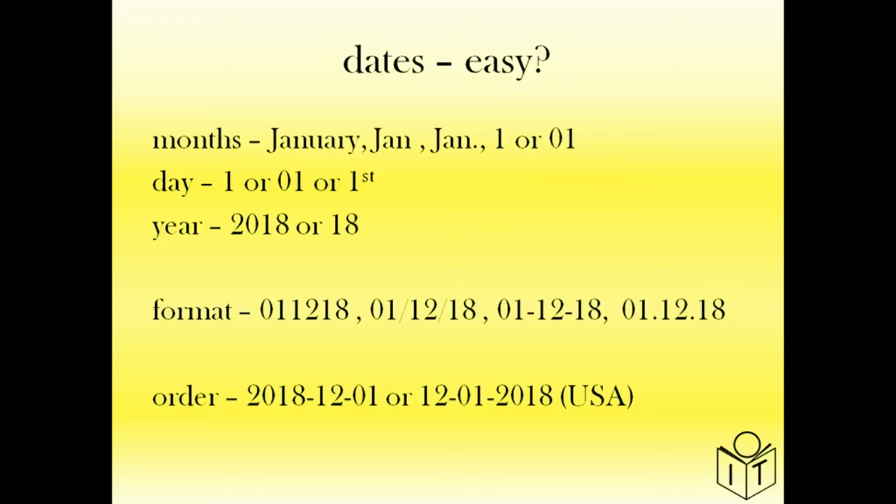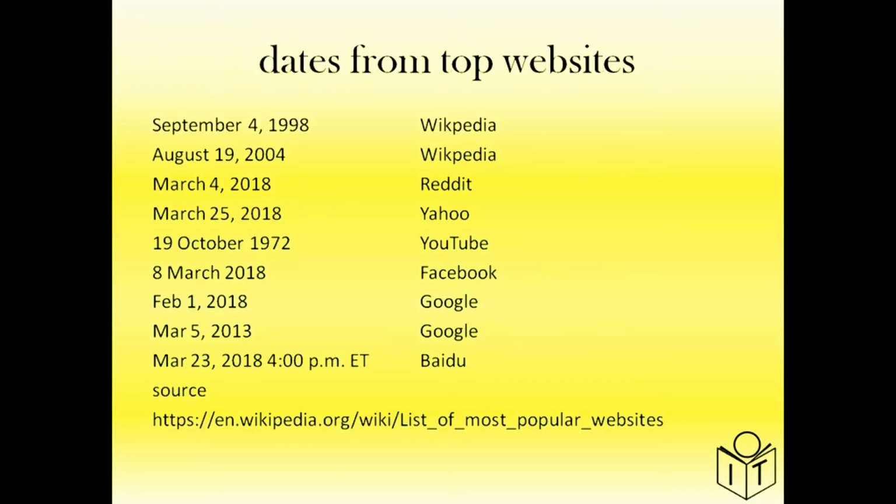If you want to process text, you probably want to make it the same format. That's called normalization. So is that easy? Well, no, not really. Let's have a look at some formats that I've taken from common popular websites.